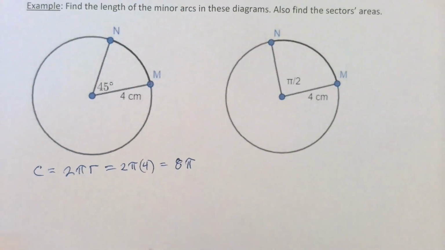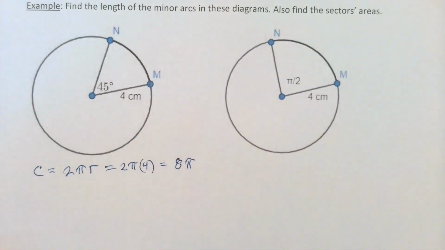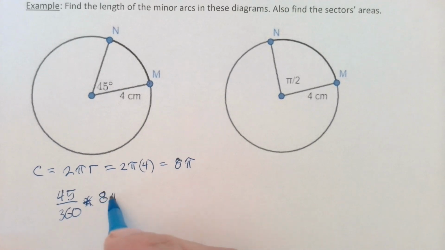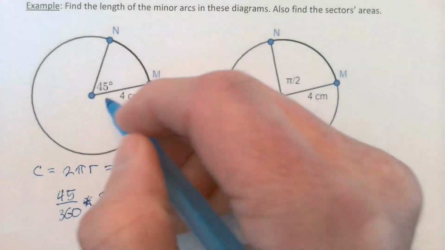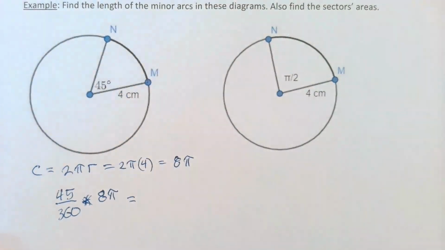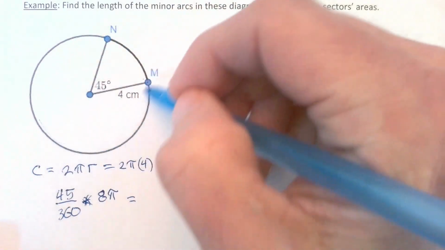So one of the things you could do to figure out how big that arc is, you could just take some fraction of this, and that fraction would look like this. 45 over 360 times 8 pi. Because 45 compared to all the way around the circle, 360, is this arc compared to the full circumference, which is 8 pi.